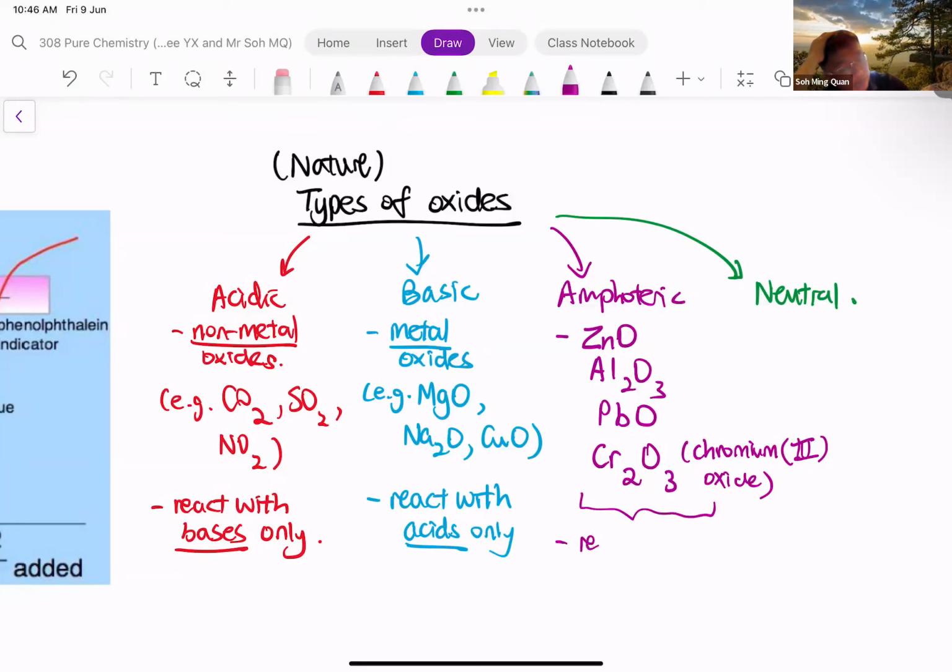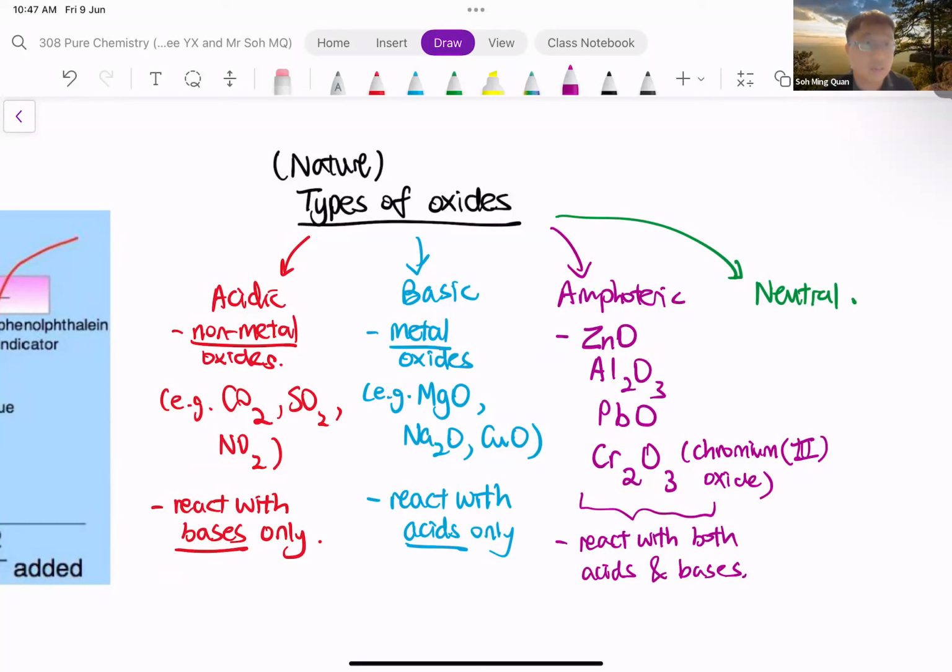Amphoteric oxides react with both acids and bases. Okay? So amphoteric means both. That's the reason why when in QA, you added NaOH to a solution containing zinc ions, it forms zinc hydroxide.